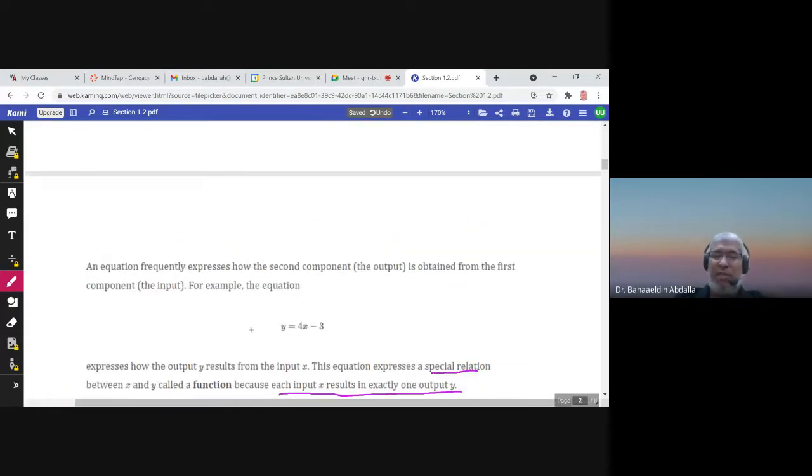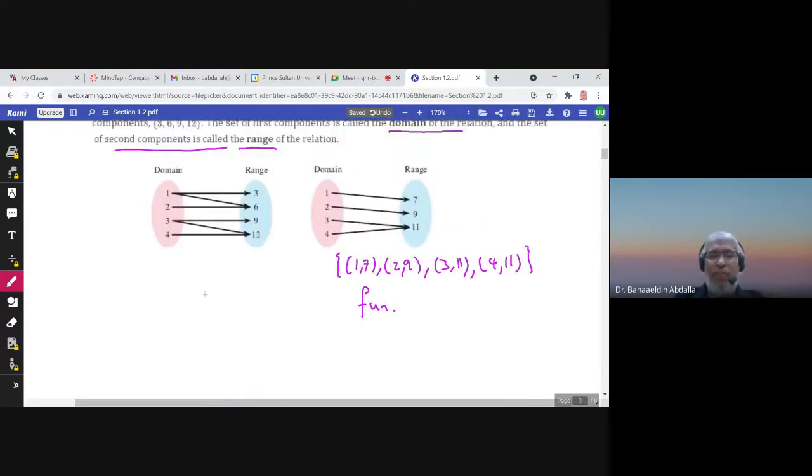This is a function. But here, for example, this relation is not a function. Why? Because we have 1 as an input, but the outputs for 1 are 2, 3, and 6. Also 3 is one input and has 2 outputs. So this is not a function, while here it's a function.